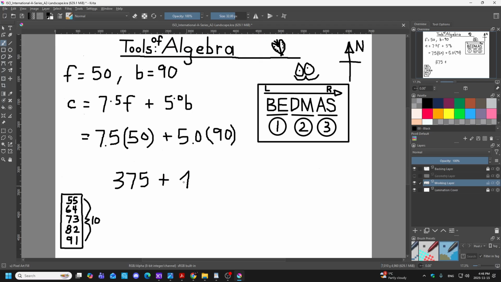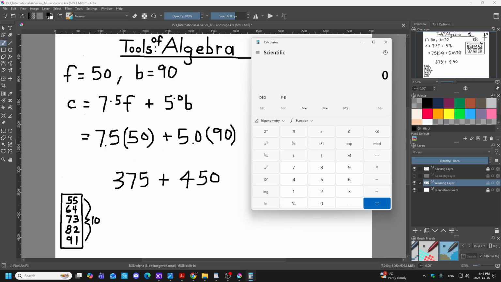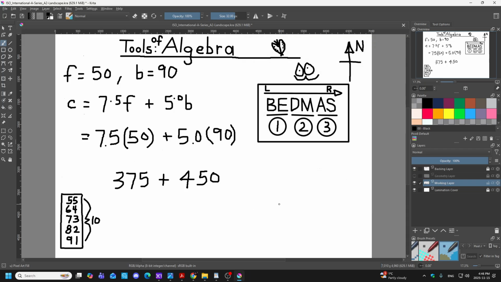That should be 450. And 5 times 90 equals 450. And then plus 375 equals 825.